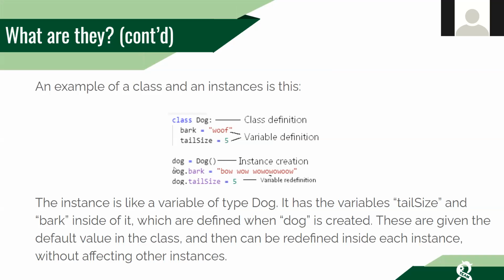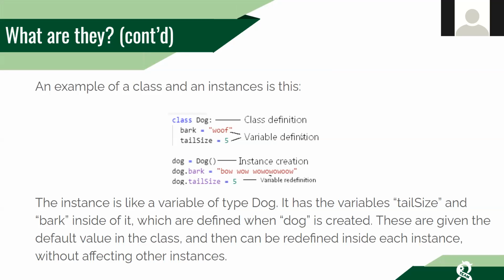But then if I change it by doing lowercase dog dot bark, which accesses the variable, and then I set it to bow wow wow wow wow, and then I set tail size to 5 again, it'll change the instance's variables, so it'll just change lowercase dog, but it won't change the variables for the entire class itself.